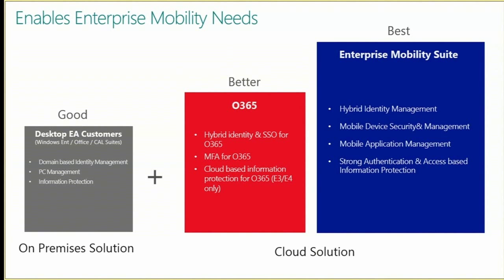Moving to the cloud gives you better capability to collaborate outside of your organizational boundaries, so I'm going to call that better. And then the best is combining that with Enterprise Mobility Suite. Being able to manage not only what apps get on this device, but also being able to manage their back-end access, provisioning an account into your system that you're administering or some SaaS application like we saw earlier with Salesforce.